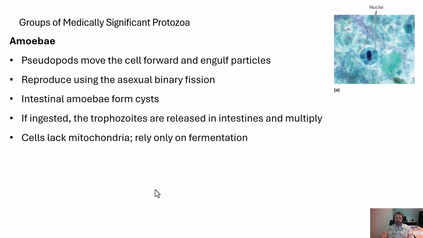The fermentation process sometimes takes a little bit longer to generate enough energy for them to replicate a lot, and what you can have is a delayed effect.